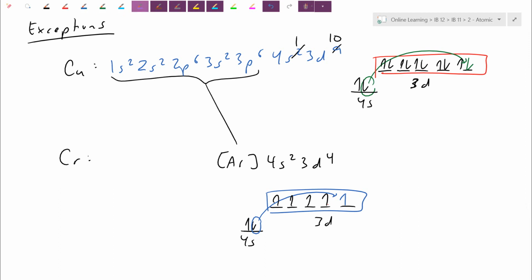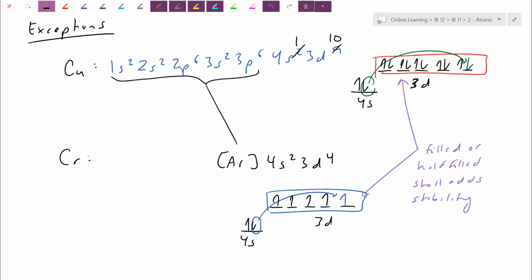For those 2 exceptions, I just want you to note down, whenever you see chromium or copper, a filled or half-filled shell adds stability. So what's going to happen is it will always promote one of its s electrons up to do that. Now, especially as we start going into ions, we will see other cases.